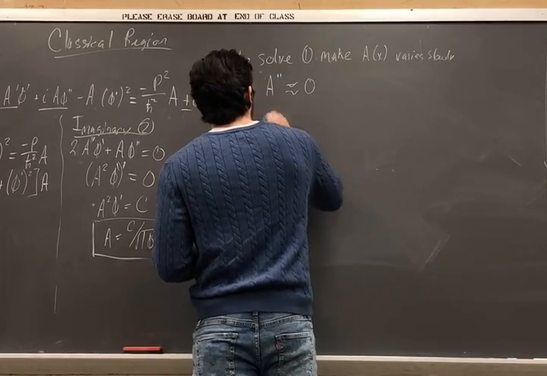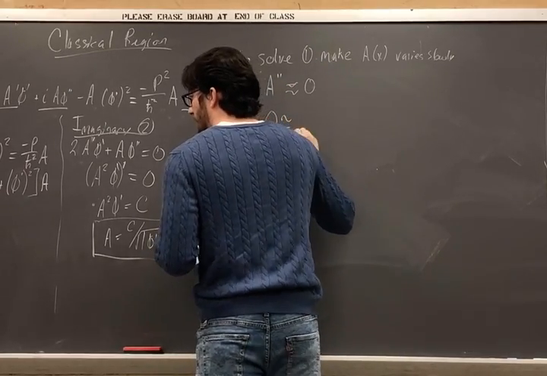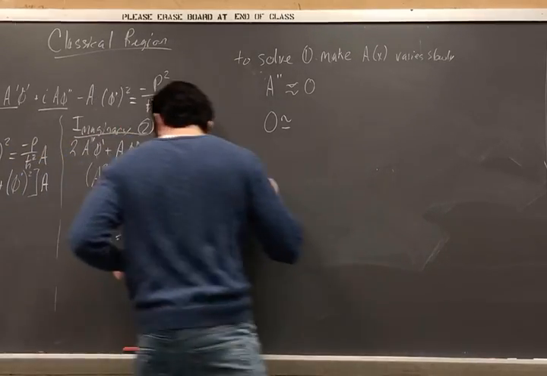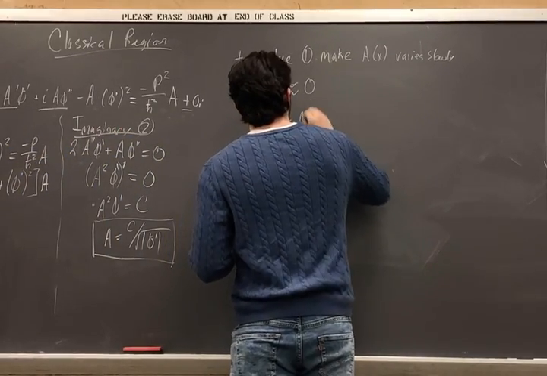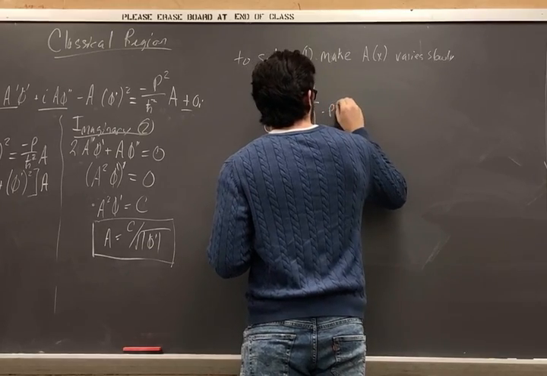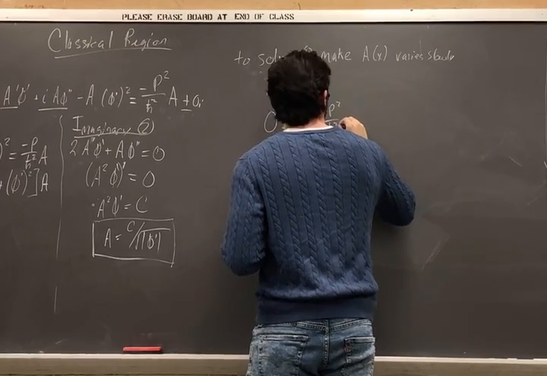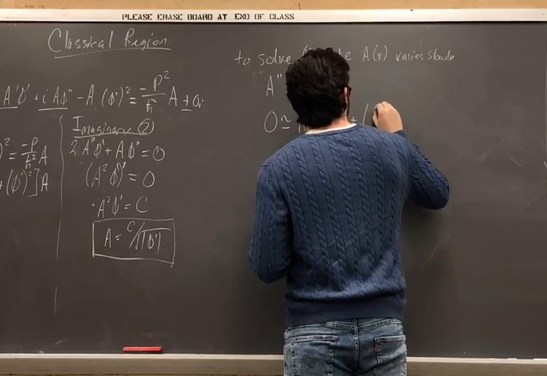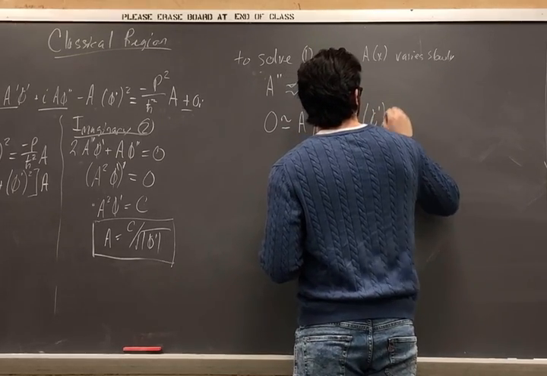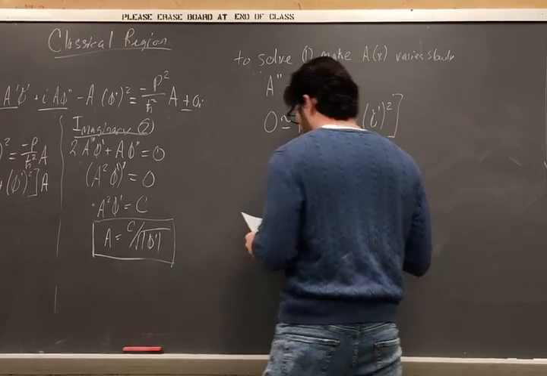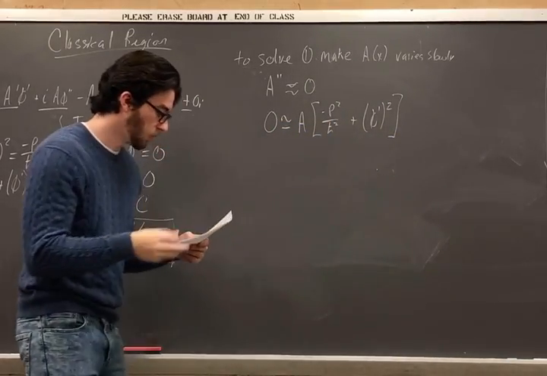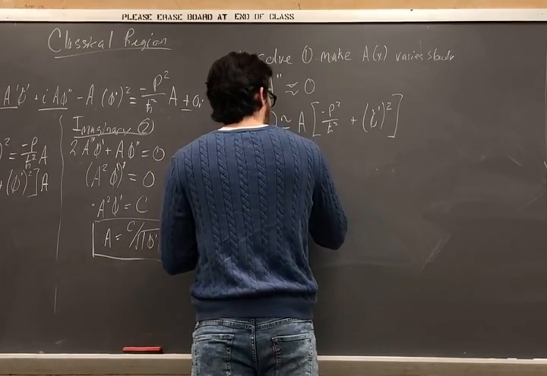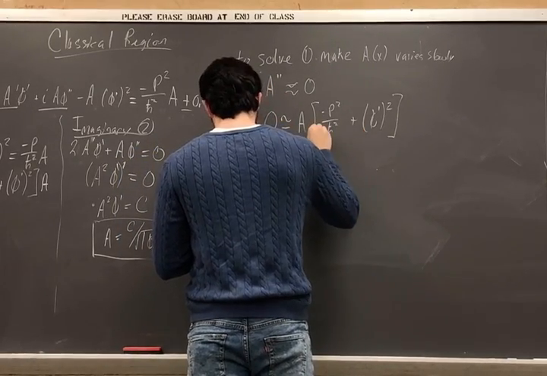Now, with that, we can say that 0 is approximately the right-hand side of what we wrote down previously, okay? This right-hand side, which is a times negative p squared over h bar squared plus phi prime squared. Now, what can we do from here? Well, let's manipulate things to get this on one side and this on the other.